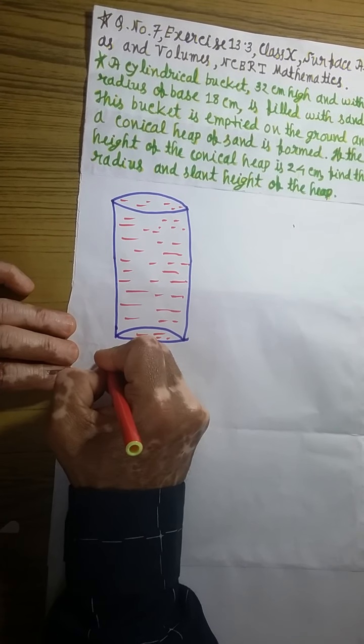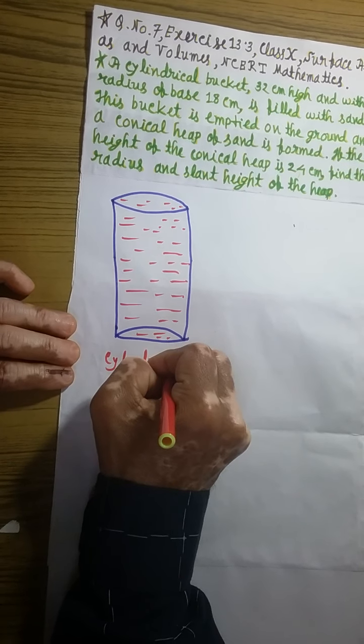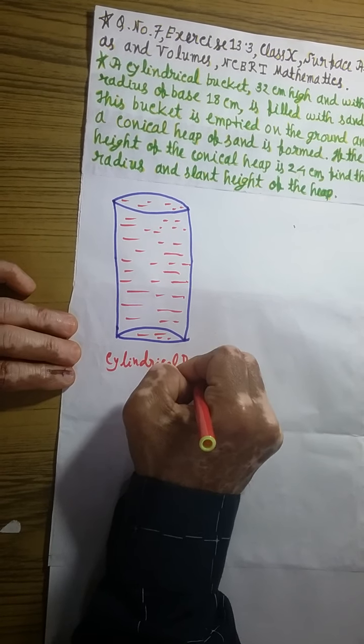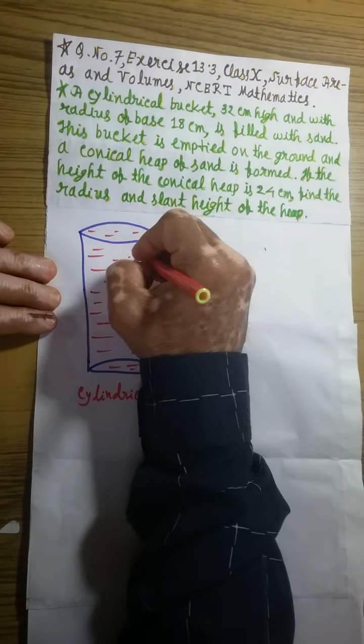So this one is the cylindrical bucket, which is full of sand.